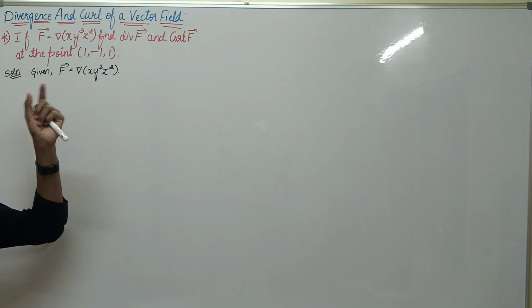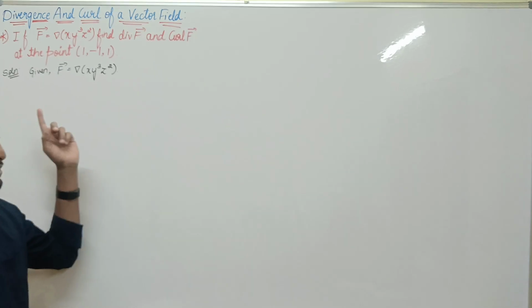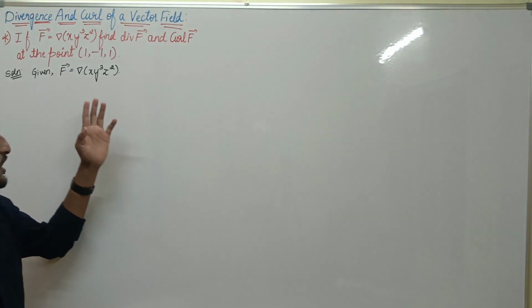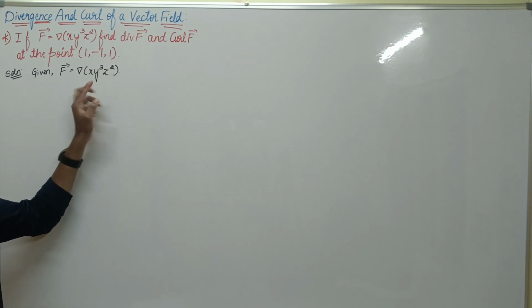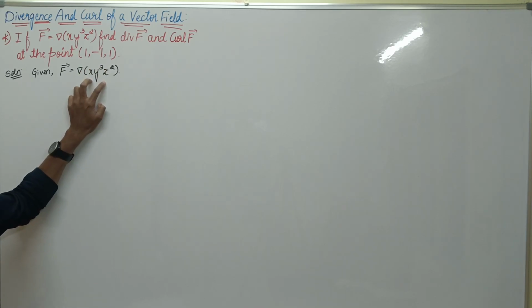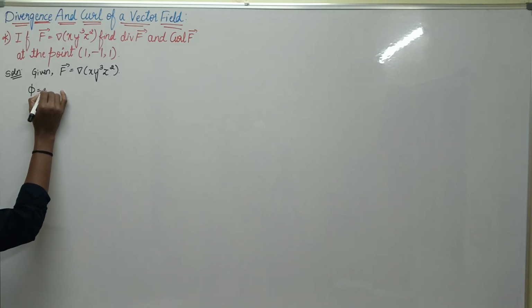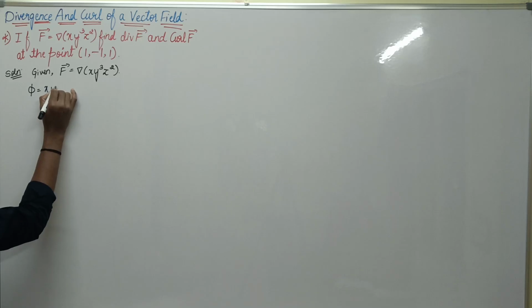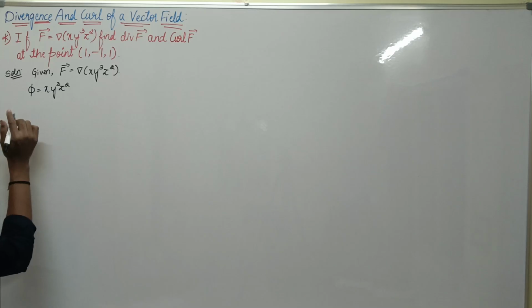It should be defined with respect to the directions i, j, k. So what we are going to do is find gradient phi. What is phi? Phi represents the given function, phi equal to x y cube z square. We need to find gradient phi.